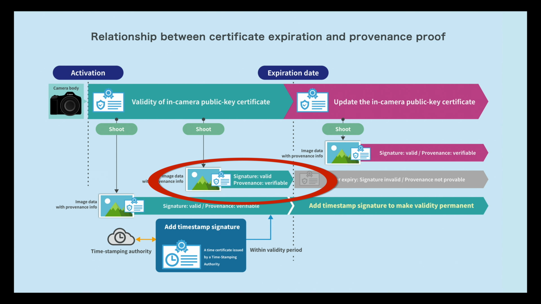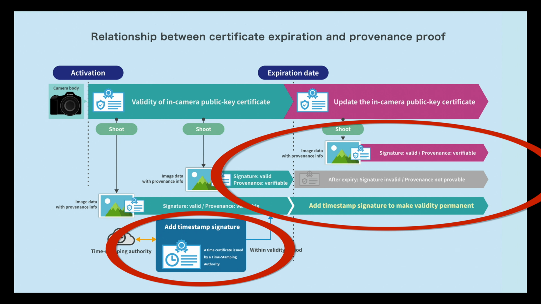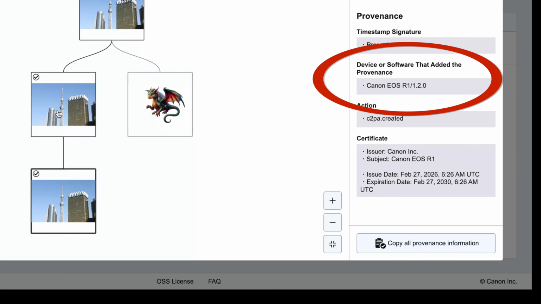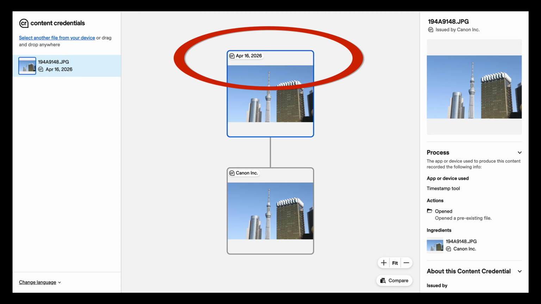Basically, you have the first layer of, well, the signature. It reflects only the time which was set on the camera, so probably you might have it wrong, or it might even be manipulated somehow. So you need one more independent timestamp proving that a photo existed at a certain stage. It was taken by R1 and then it was timestamped on April 16, so it's proof the photo really did indeed exist.